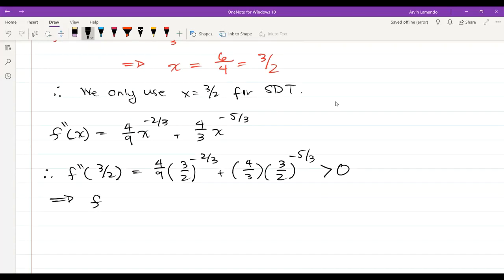Therefore, f has a relative minimum at x equals 3/2. Okay, so by SDT.